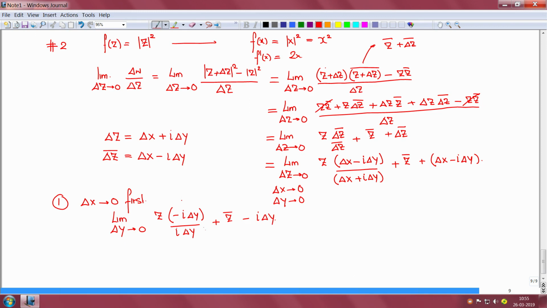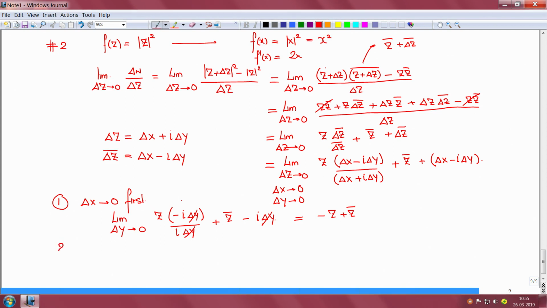Now if I apply the limit, here delta y cancels, here delta y goes to 0. So I have a minus I and I, so that brings in a minus, so I get minus z plus z bar.